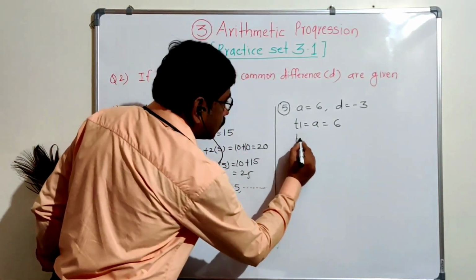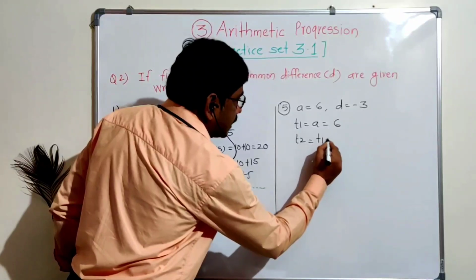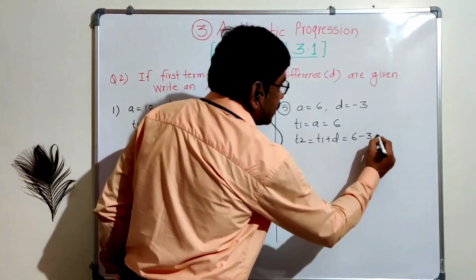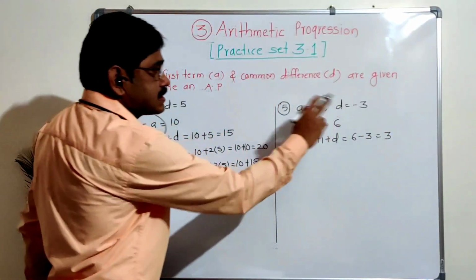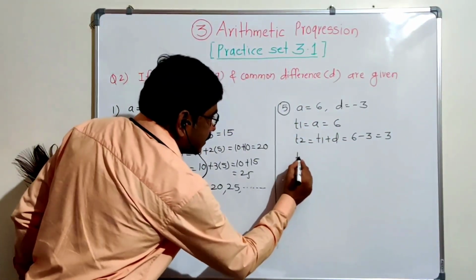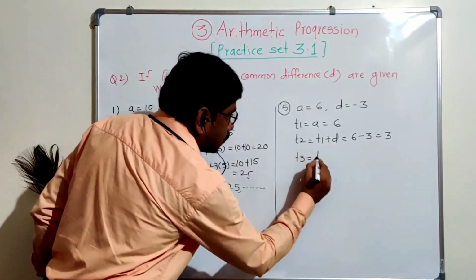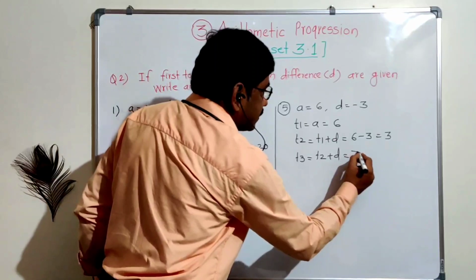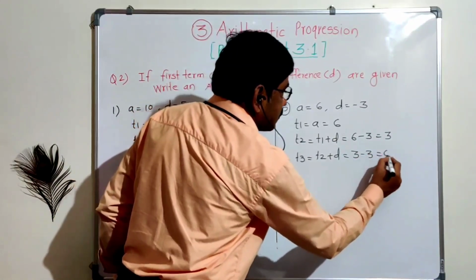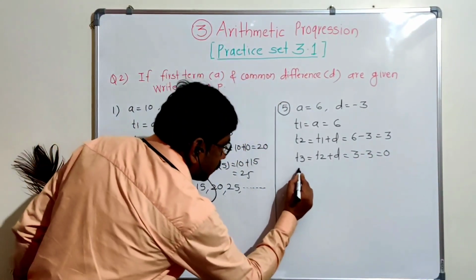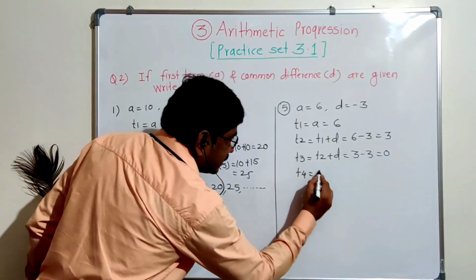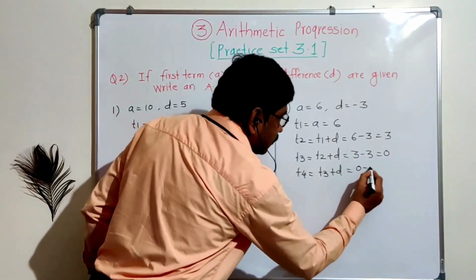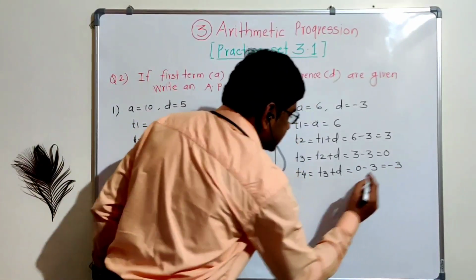Then T2 is equal to T1 plus D, that means 6 minus 3, we get 3. T3 is equal to T2 plus D. What is T2? 3 minus 3 is equal to 0. And T4 we get T3 plus D. So we get 0 minus 3 is equal to minus 3.